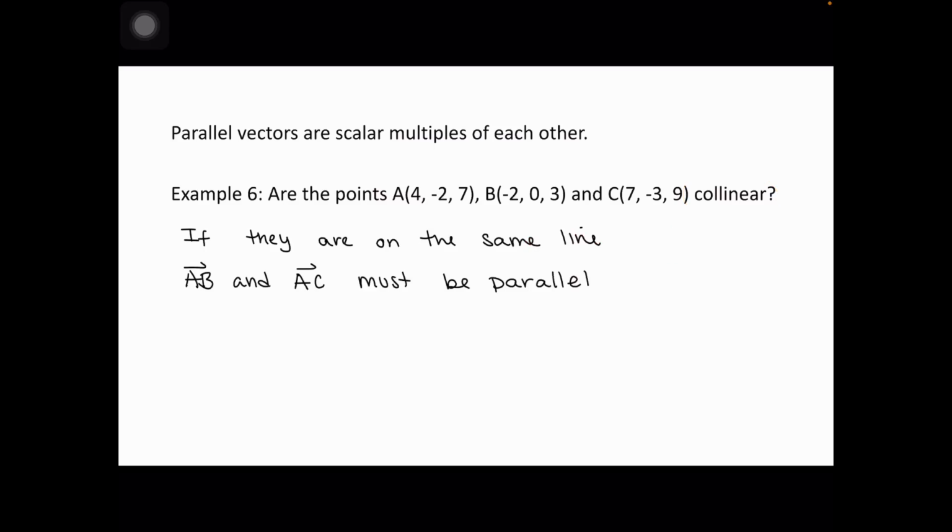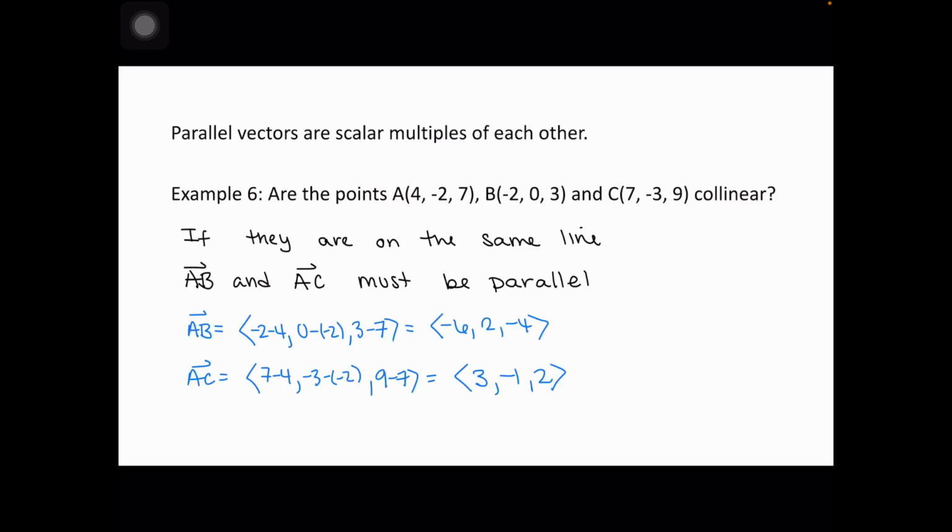So if these 3 points lie on the same line, if I create a vector from A to B, and then from that same starting point A to C, those two vectors have to be parallel, or scalar multiples, if the 3 points all lie on the same line. So I'm going to compute vector AB and vector AC.